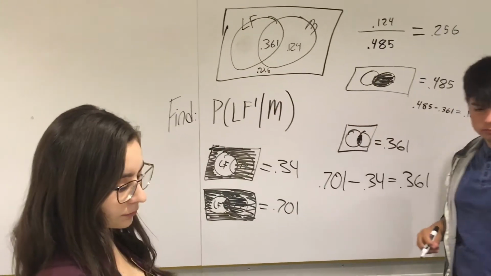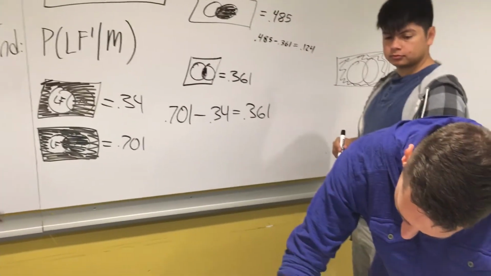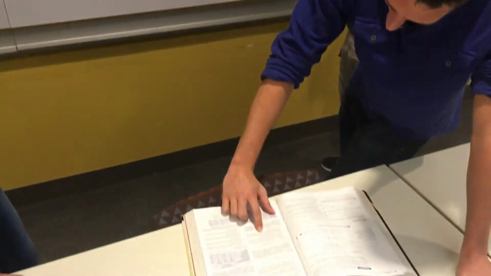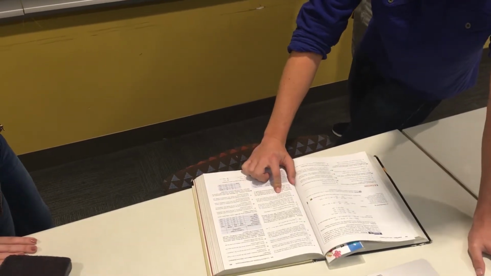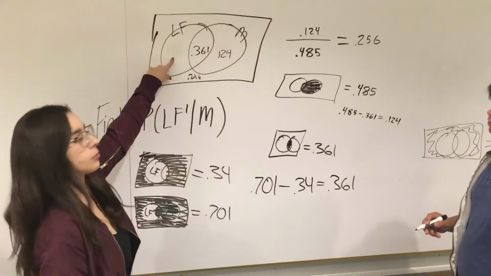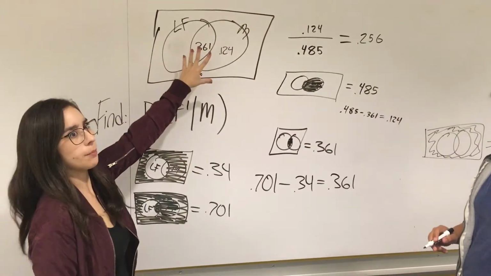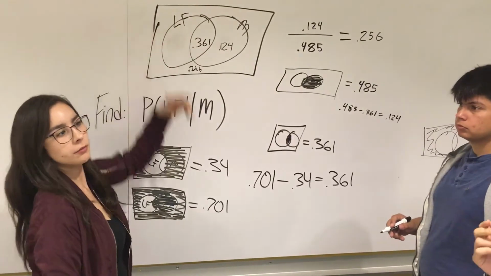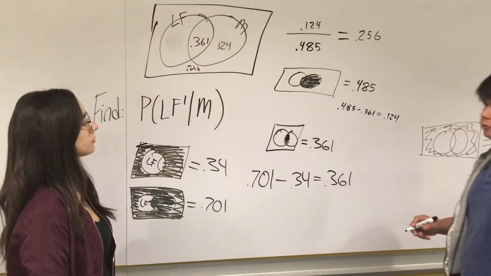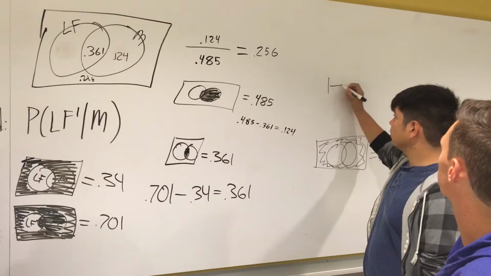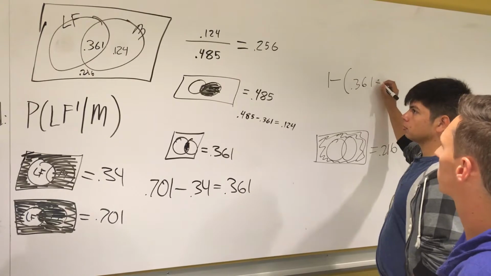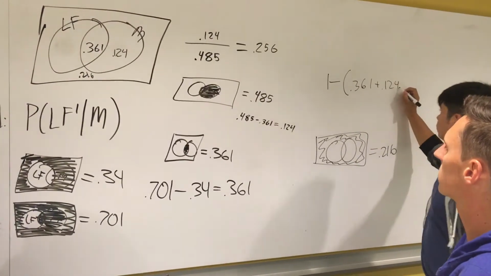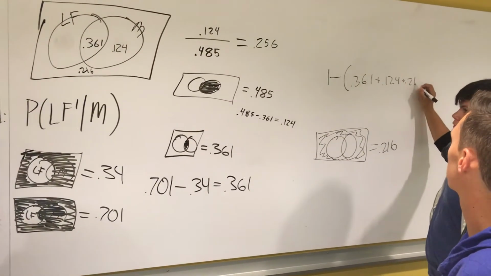Alright, so let's look at what we're specifically trying to find. Maybe we're already ready. Find the probability of not being in the labor force given that the person is female. So we still do have to find one more thing, right? Because this circle right here will be labor force, but not male. In other words, labor force and female. So to find that one, it would just be 1 minus 0.361 plus 0.124 plus 0.216.